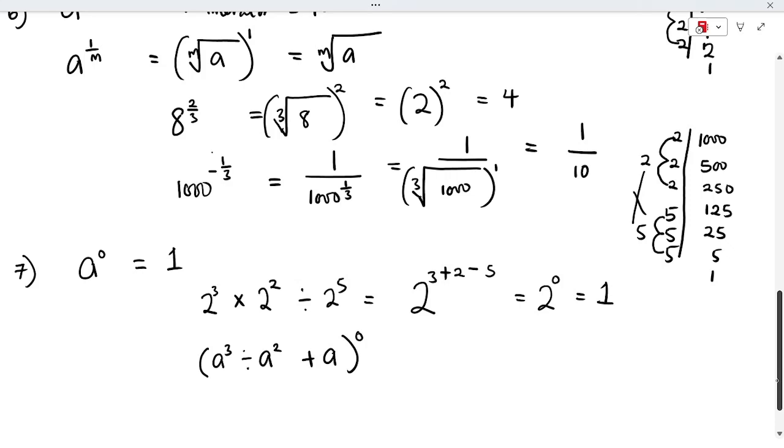Many of them solved and solved and solved, and then they finally got 1, which is the correct answer. Well, I still marked the answer for them because they got it anyway, but the point is, anything raised to power 0 is 1. Everything here has been raised to power 0. So your answer is 1. You don't need to waste time with it.